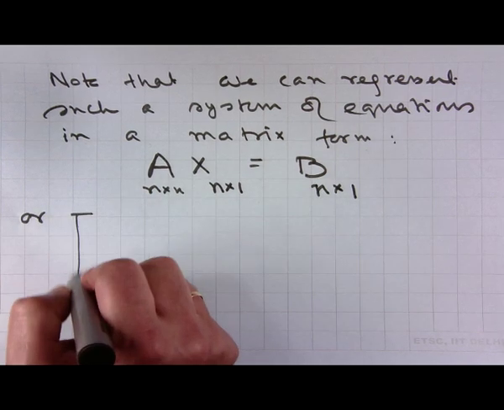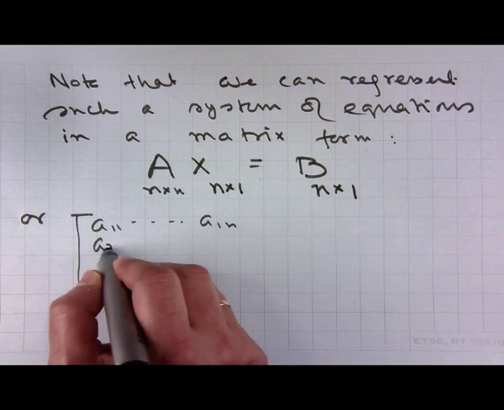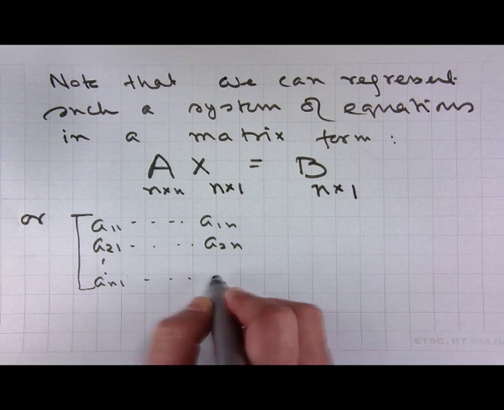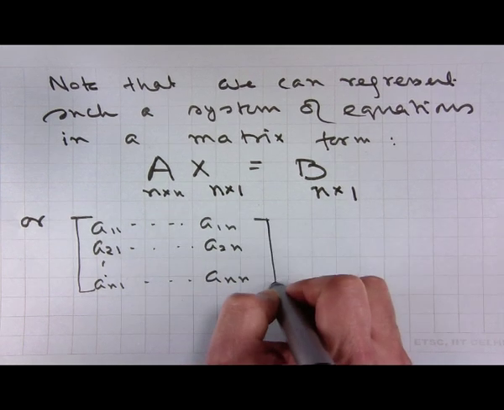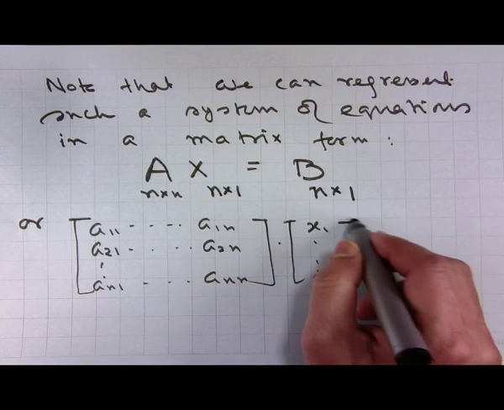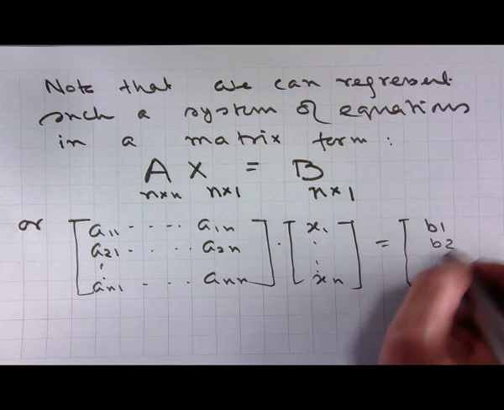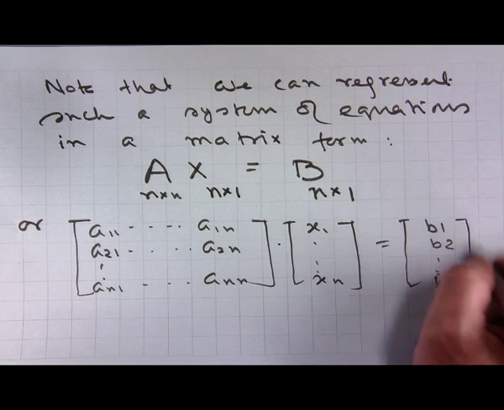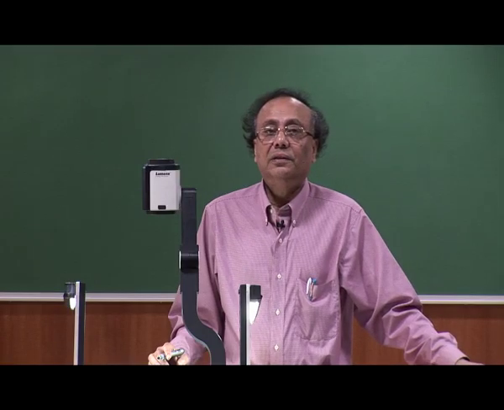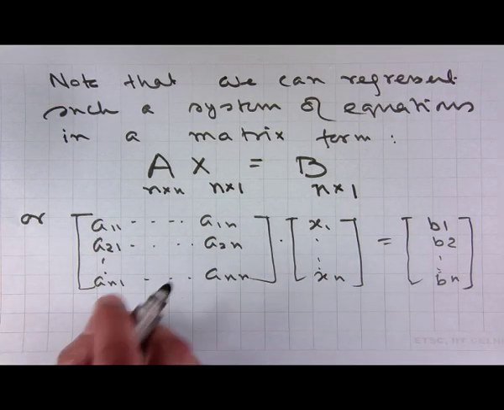That is, a11 up to a1n, a21 up to a2n, an1 up to ann times x1, x2, xn is equal to b1, b2 up to bn. Thus, very neatly we can represent the entire system of linear equations in a matrix form.